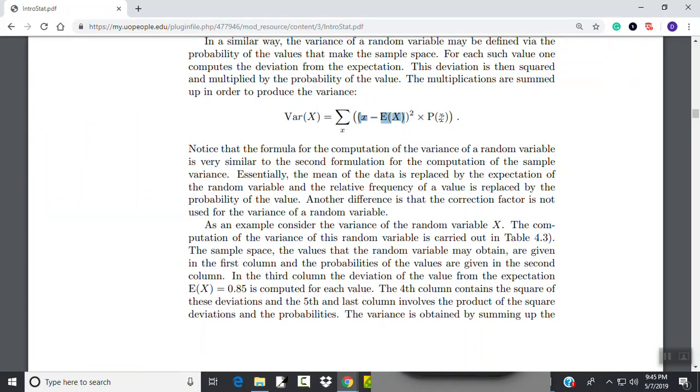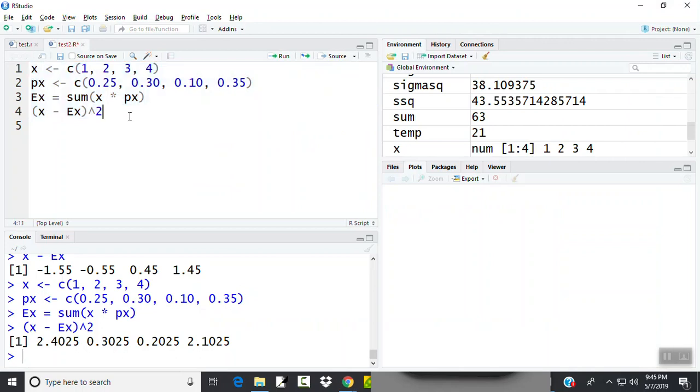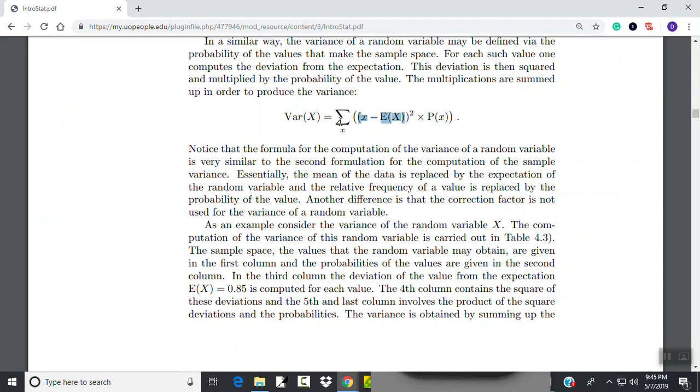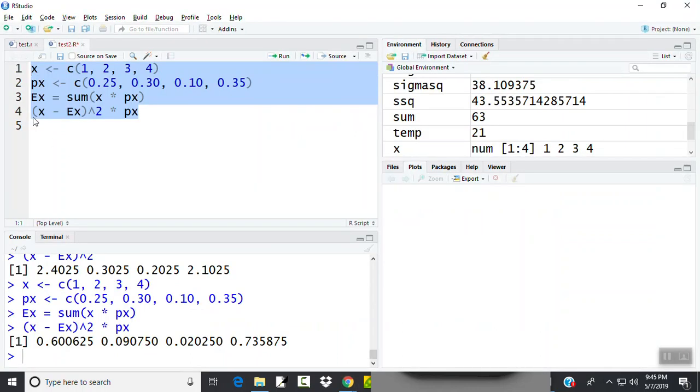Then I want to take that times p of x. Okay, still pretty straightforward. That's times px. Run that. Gives me that. And then this sigma in the front means I want to add them together, which is done with a sum. And you have to do your beginning parentheses and then your closing parentheses at the very end.